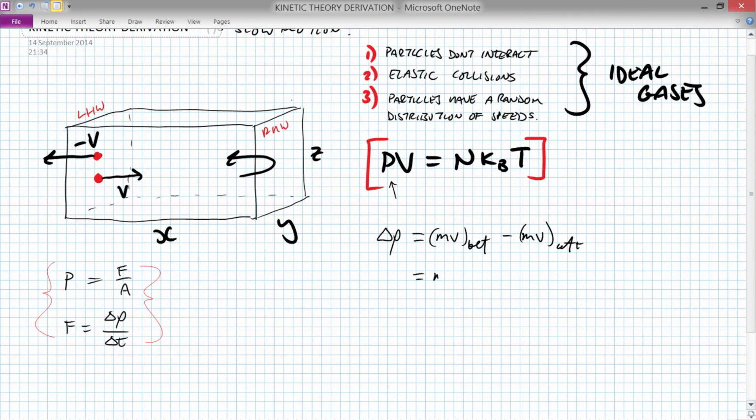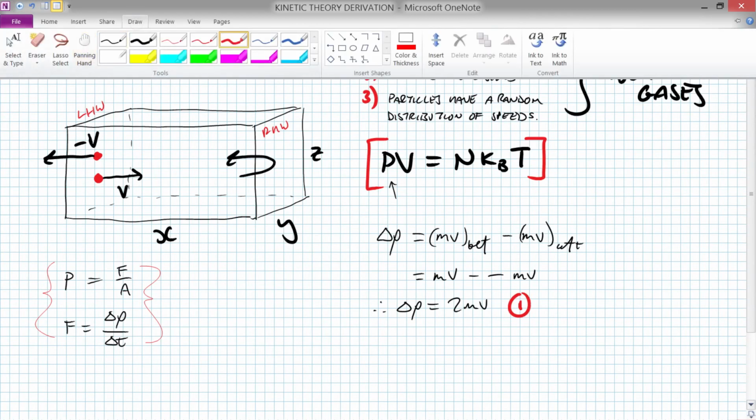So before it's just mv, and after it's travelling in the opposite direction with the same magnitude of velocity, so that's minus mv, and that obviously gives us that the change in momentum is equal to 2mv. So I'm going to call that equation 1. We're going to come back to this a little bit later.